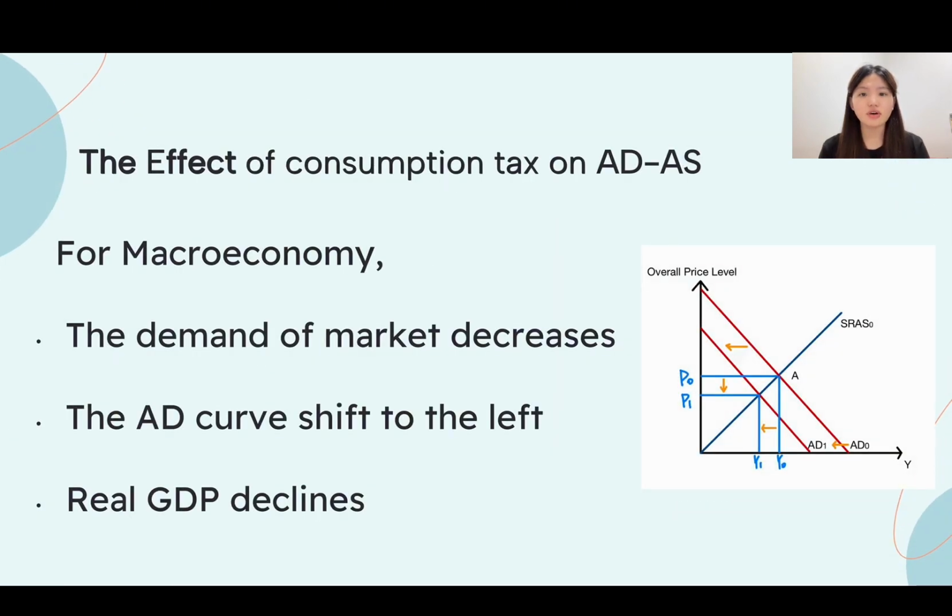Now let's focus on macroeconomics. Using the AD-AS model, the consumption tax leads to an increase in price, resulting in a decrease in consumer purchasing power. The decrease in consumer spending indicates a decrease in demand in the market, leading to a shift in the AD curve to the left.